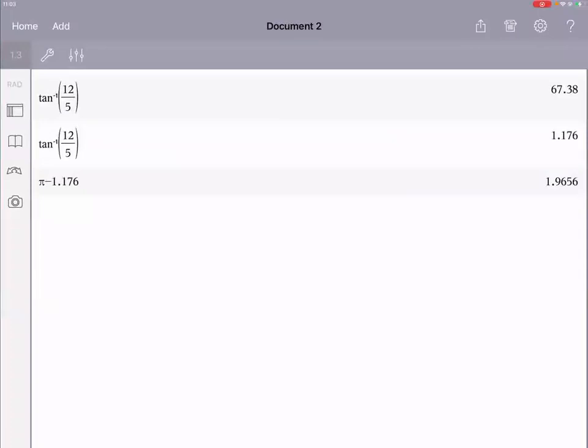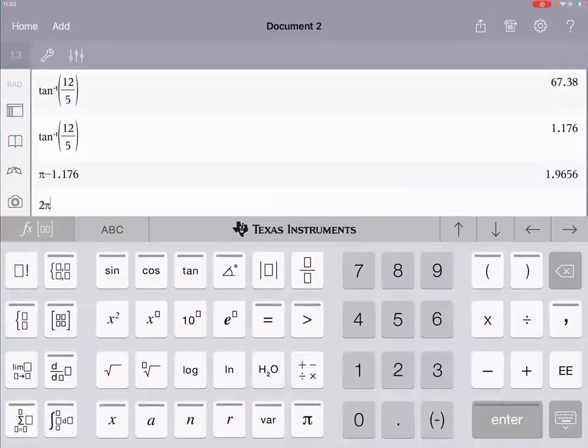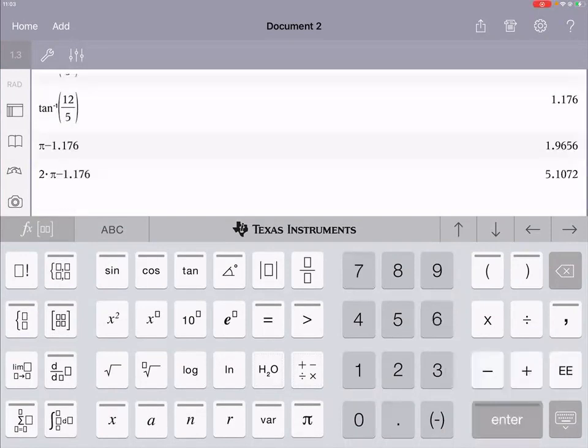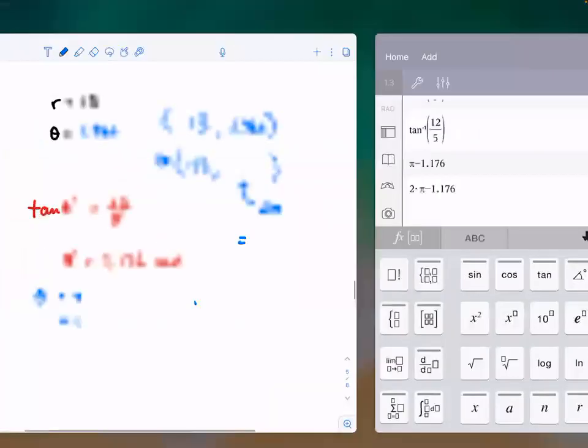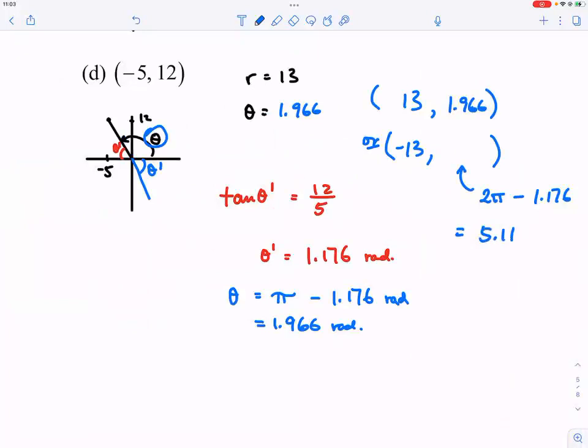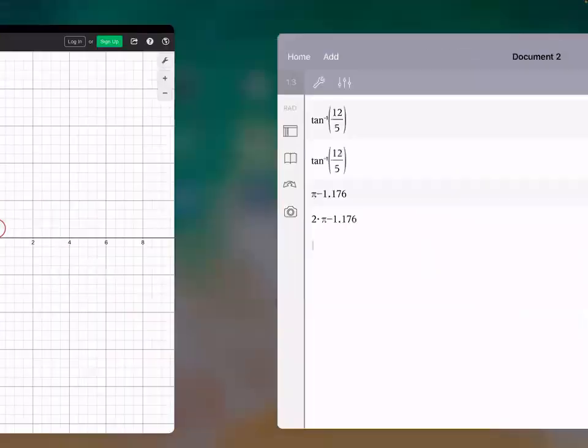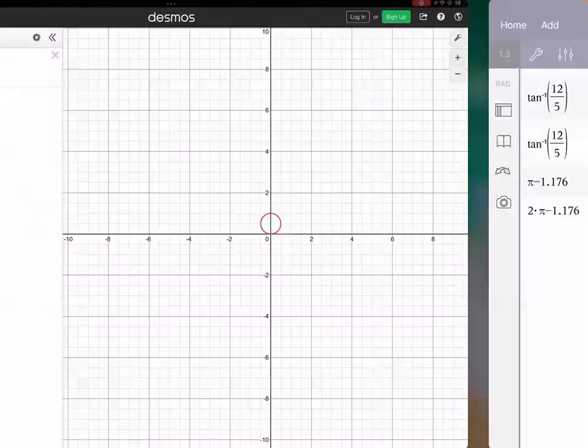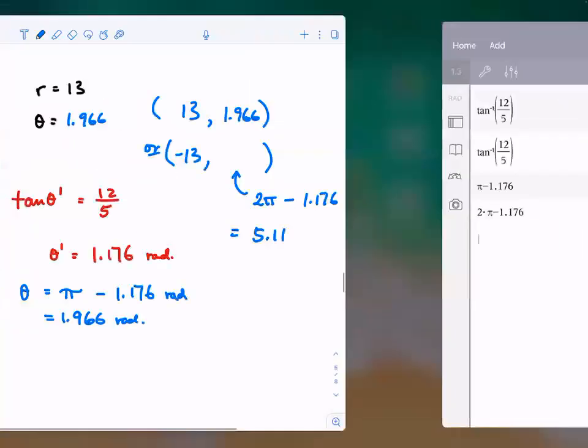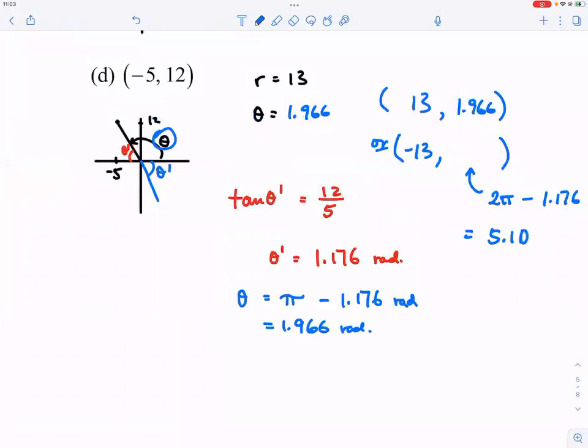That's equal to 5.107. It's the other radian. Okay.